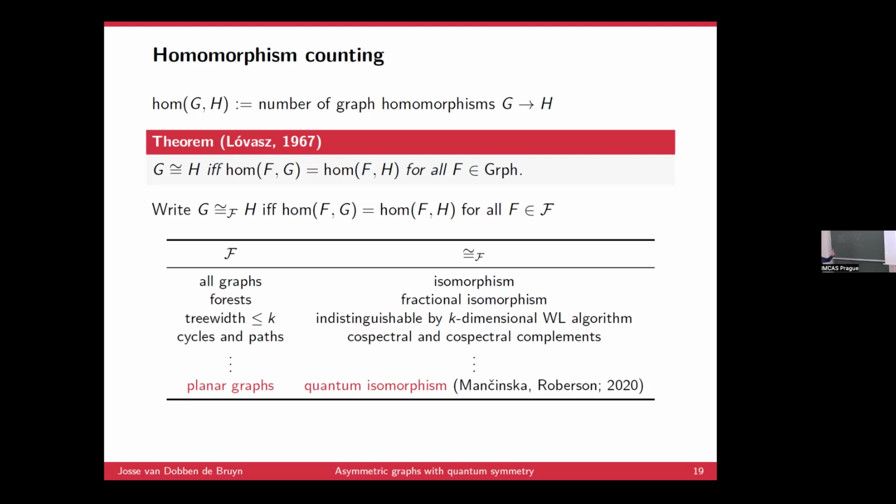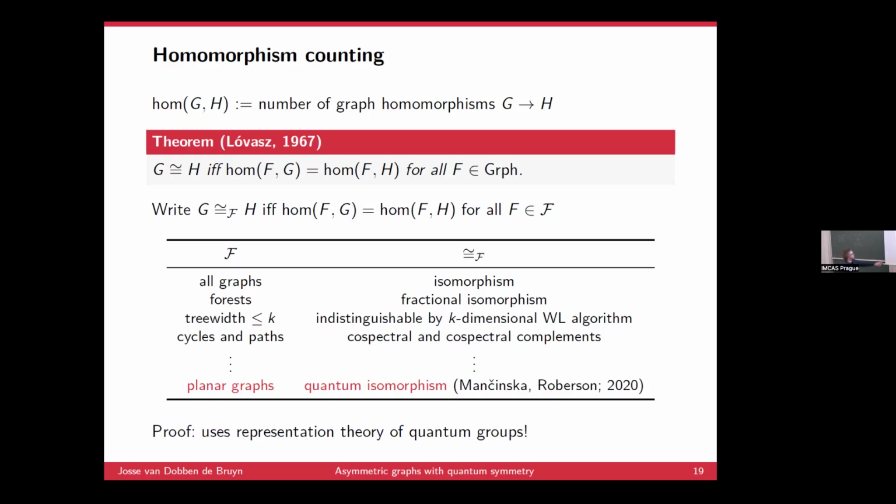There's no way to draw this without intersections. And a famous theorem in graph theory is that every graph which is non-planar contains either this graph or K5 as a minor. So some kind of subgraph.